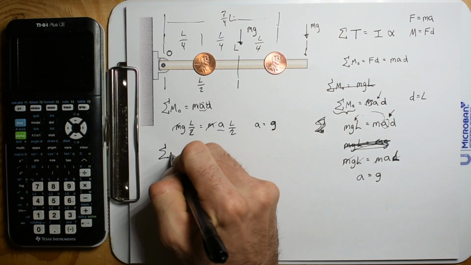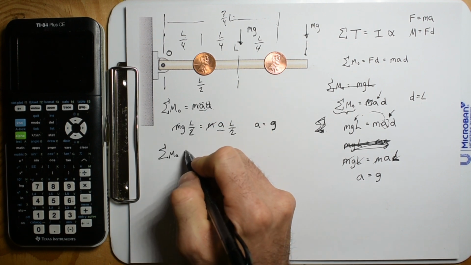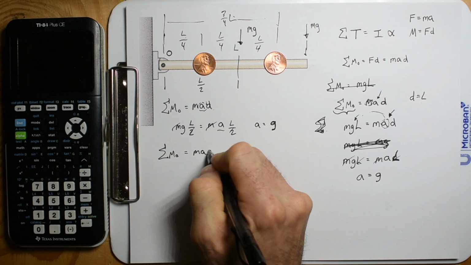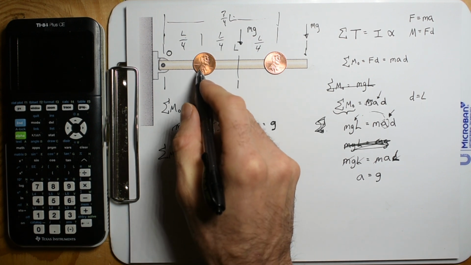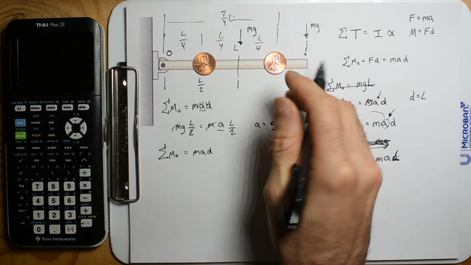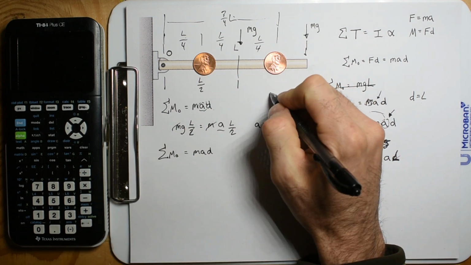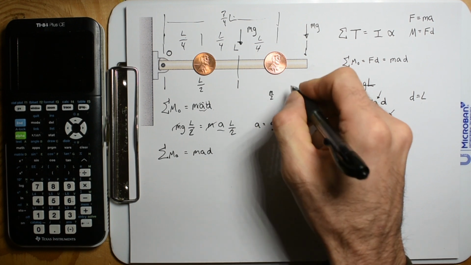Okay, so let's sum the moments about O. We're going to have 2 different moments, and here's our generic equation for linear. Now we're going to say that these 2 pennies represent the total mass, so each penny represents m divided by 2, or 1/2 the total mass.